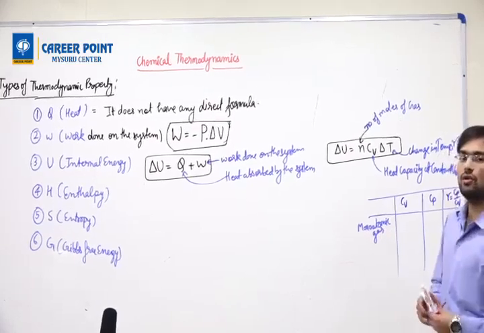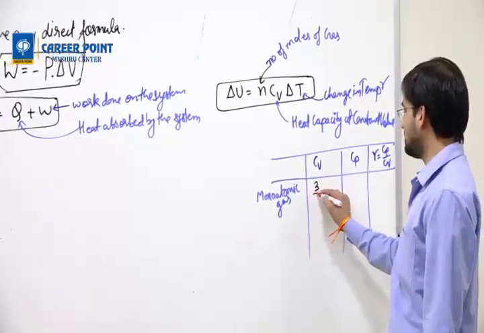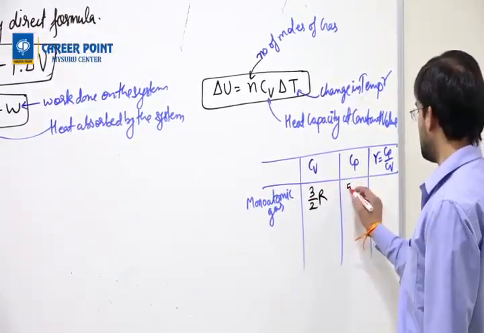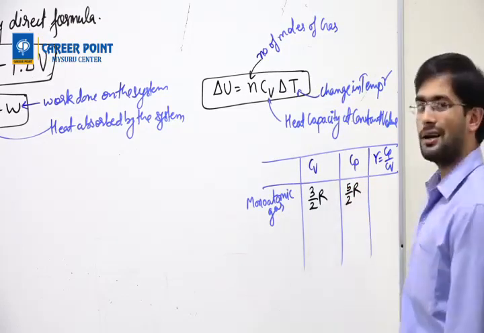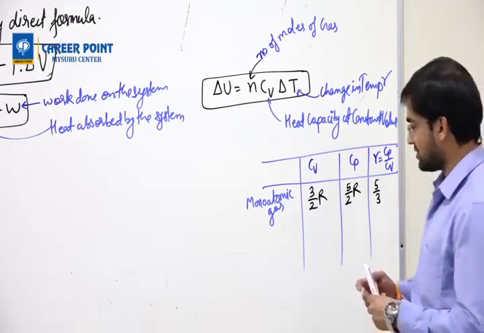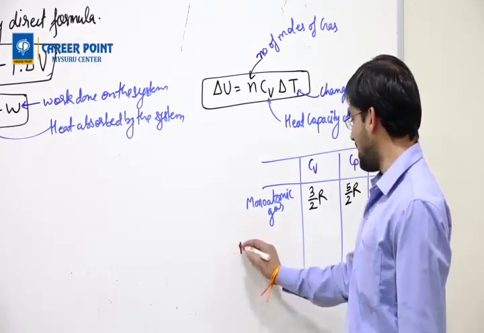If the gas is monoatomic, then CV is 3 by 2R, CP is 5 by 2R, and gamma will come as 5 by 3.